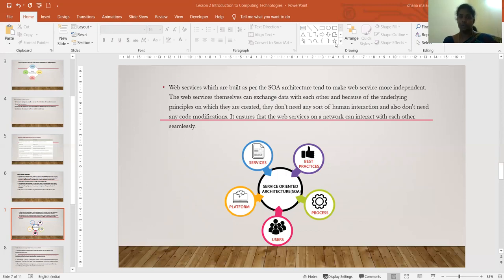SOA encompasses a set of design principles that structure system development and provide means for integrating components into a coherent and decentralized system.